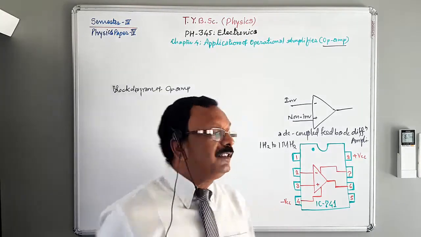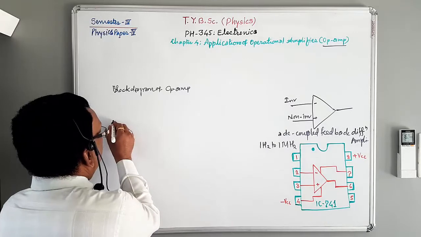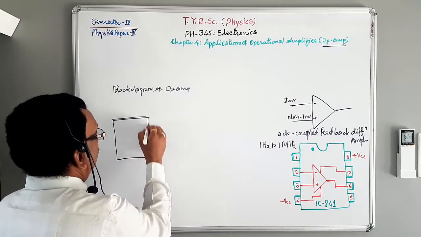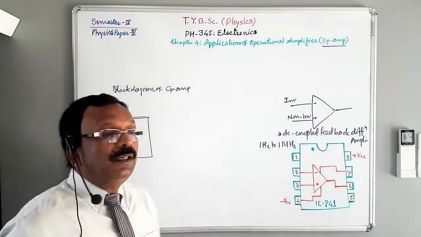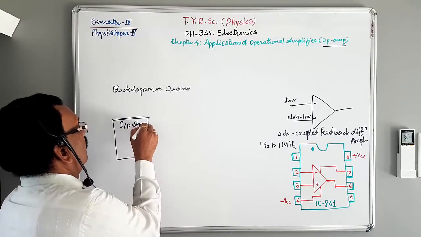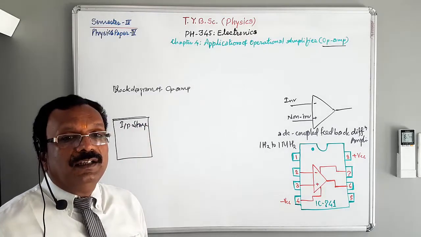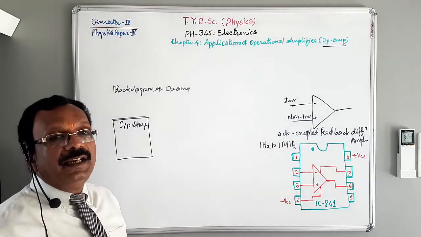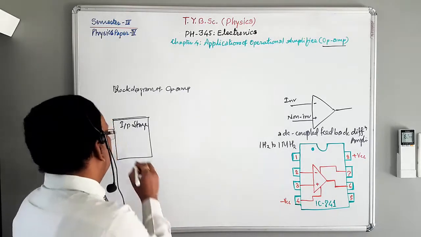The block diagram consists of three important blocks. The first important block is the input stage, which consists of a DC coupled negative feedback differential amplifier.